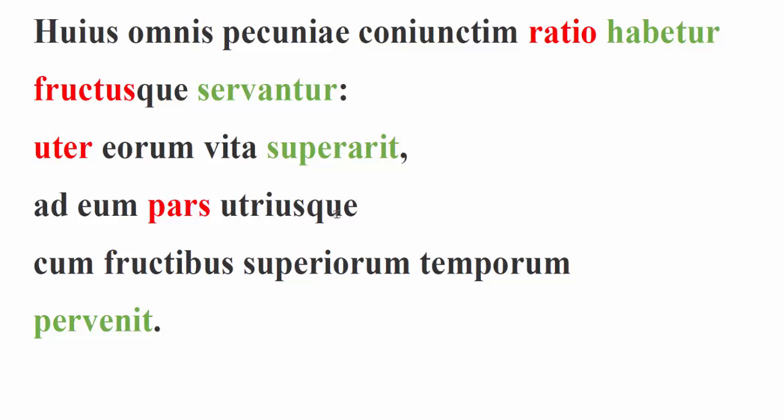The part of both. Utrius, we see the utrius, that's a genitive, because uter is one of those unus nauta words. We've seen a couple of those before that have irregular forming genitives and datives in the singular.